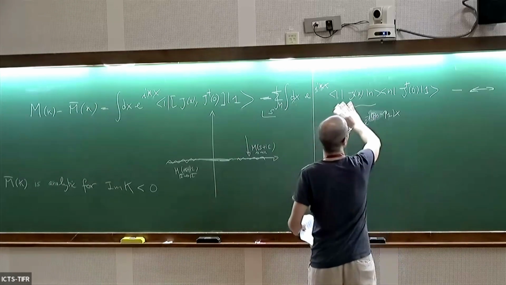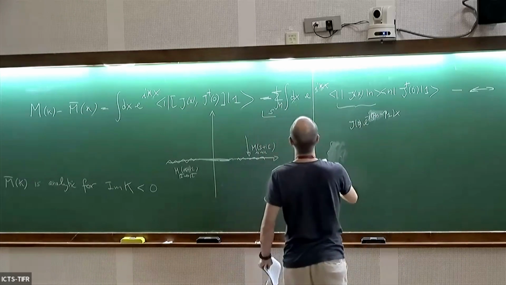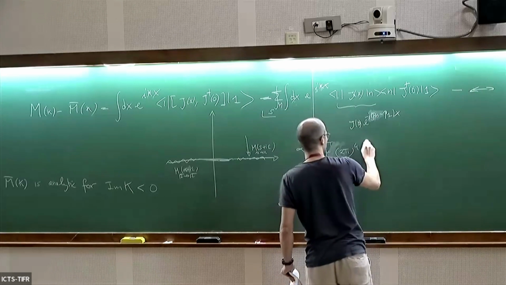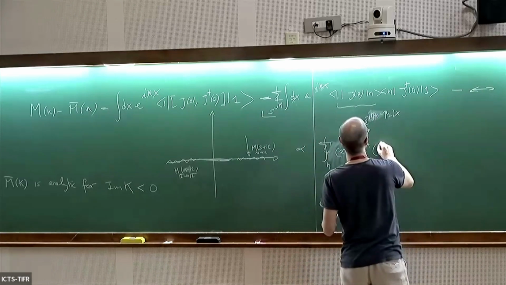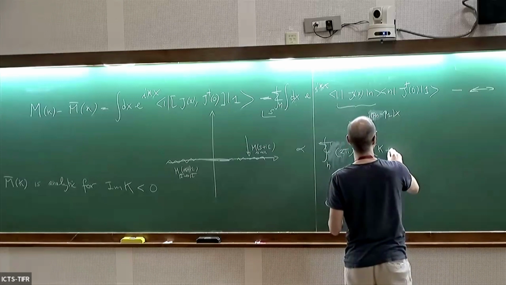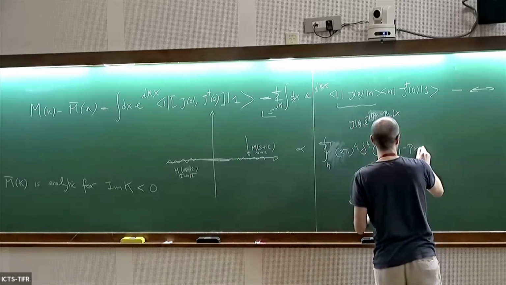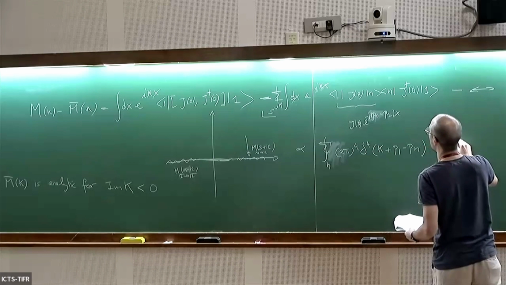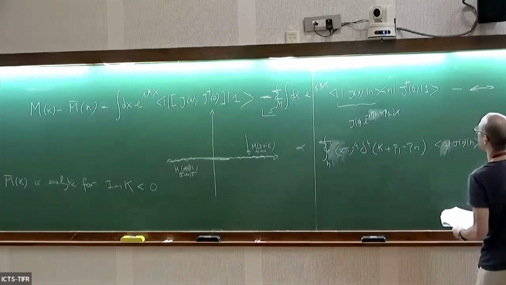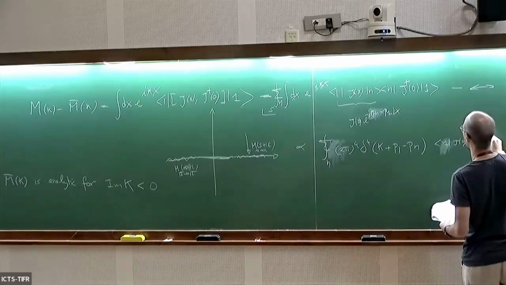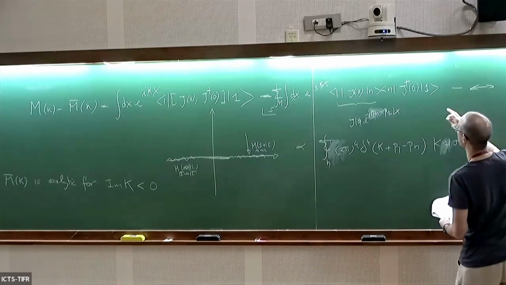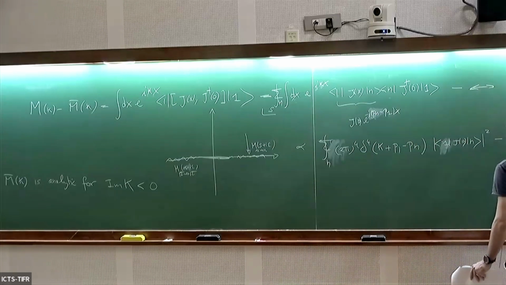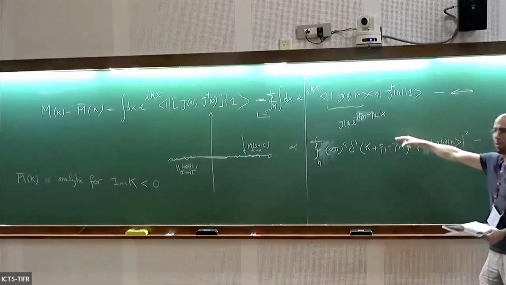So this part here, the first one, is proportional to the sum over all states, 2 pi to the fourth, delta 4 of k plus P1 minus Pn, times the matrix element, 1, J0 n, basically squared, yes, squared, minus the other combination, for which you can play the same game.